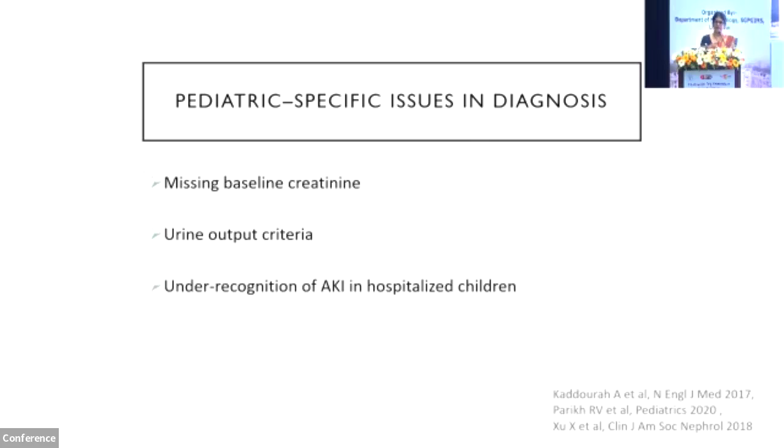Thirdly, AKI is underdiagnosed in hospitalized children, and research on early diagnosis is limited to very specific clinical settings like post-cardiac surgery and the pediatric and neonatal ICUs. Lastly, there is limited understanding of AKI phenotypes in children, a term which has just come up in recent years. For example, subclinical AKI, persistent, transient, functional AKI, and so on.